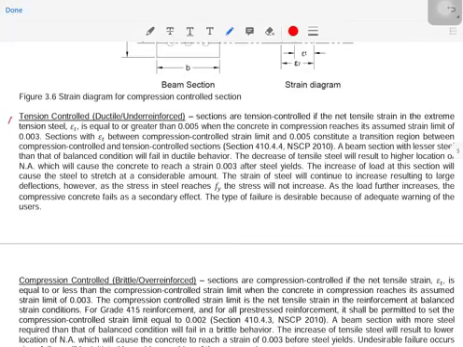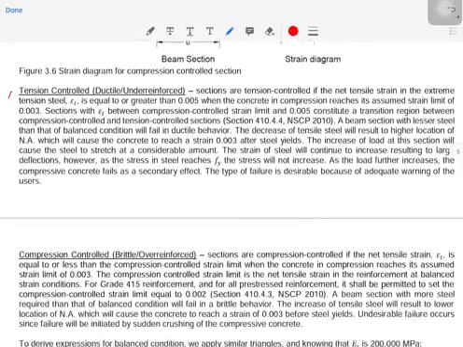Sections with epsilon t between the compression controlled strain limit and 0.005 constitute a transition region between compression controlled and tension controlled sections. We will know more of that later.